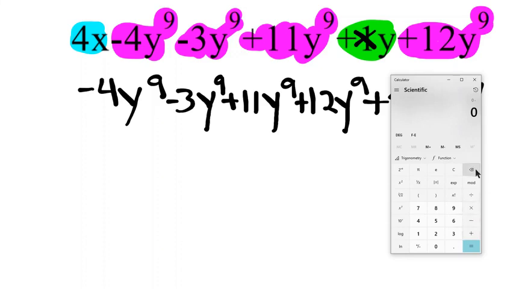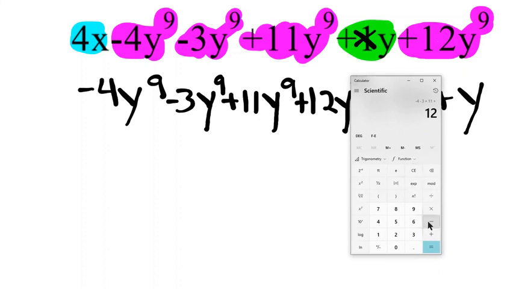This is not what we want. We want to use the negative sign, which is down here, if you're using the computer calculator. I highly recommend that you use the Desmos calculator instead. So I have -4, -3, plus 11, plus 12. That is 16.